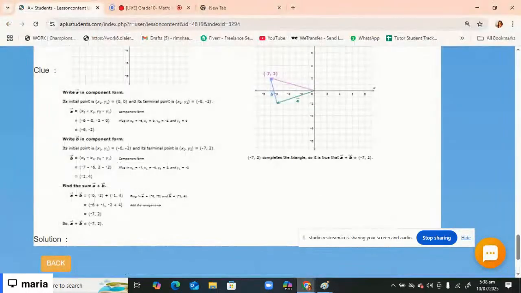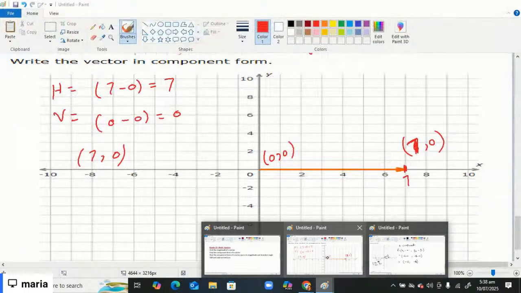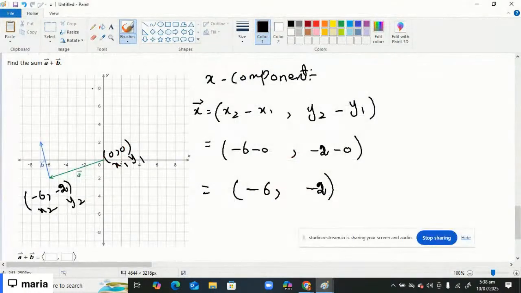Okay, now let's discuss the next one, the y components. So what are the values for the y? One value is the same, that is minus 6 and minus 2, and the other is minus 5 and 2.